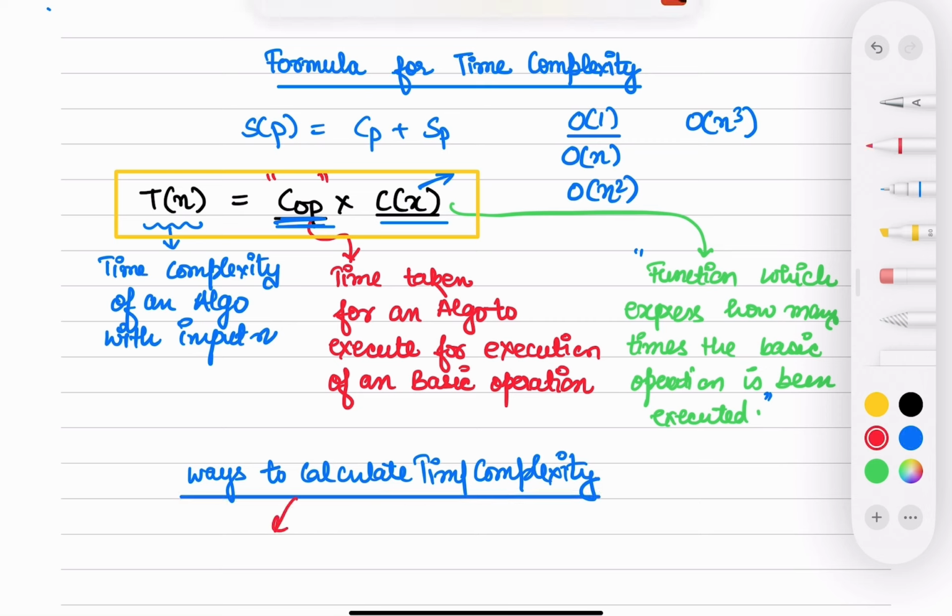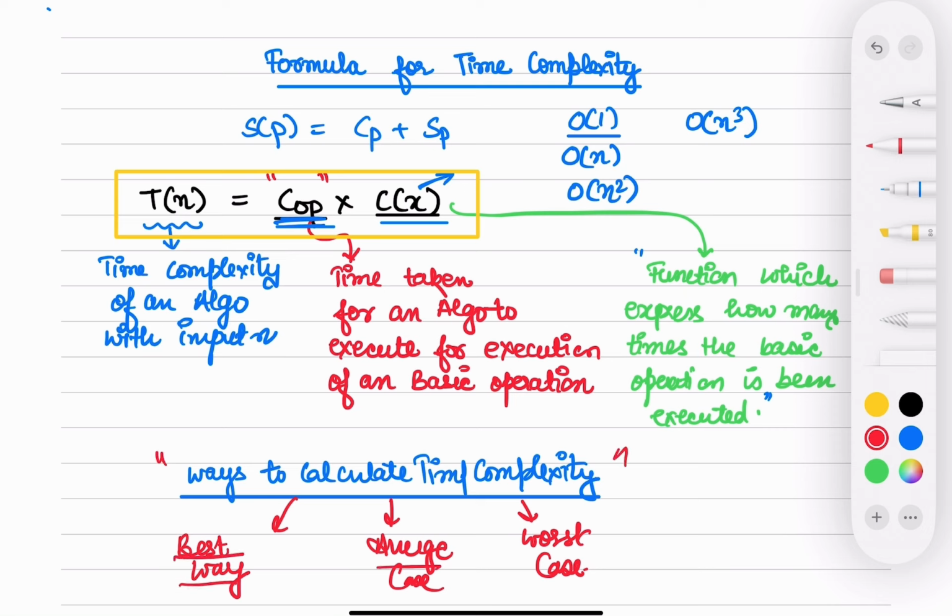First is the best case, second is the average case, and third one is the worst case. In our next video we'll discuss what the best case, average case and worst case mean, and how we calculate each of them.